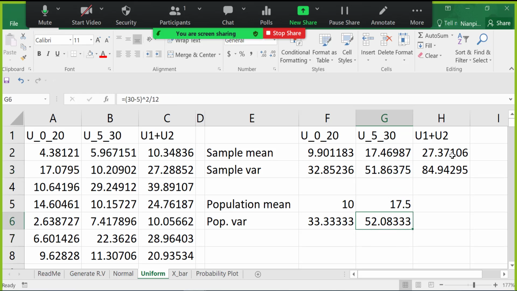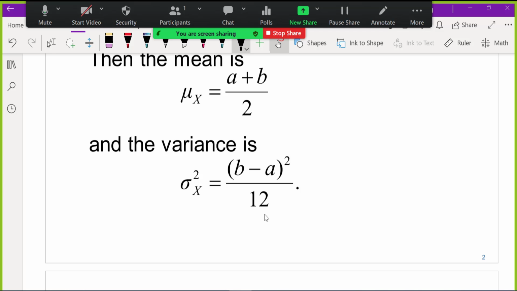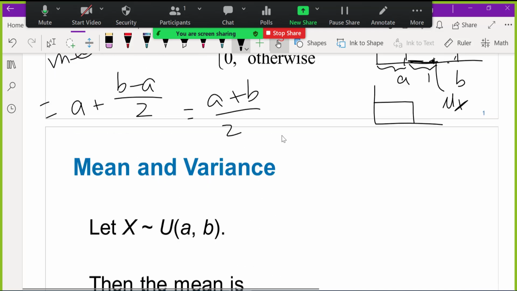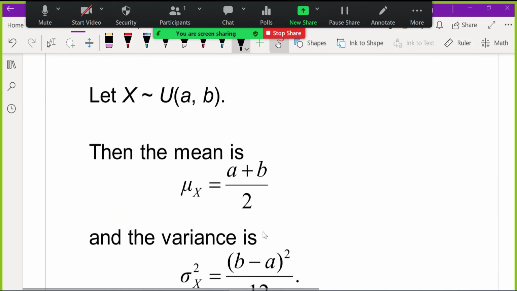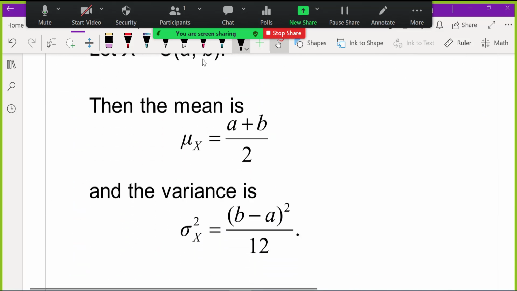Now, what's your finding here? Oh, that's just the formula here. Certainly you can use the density function. How to get the formula here?